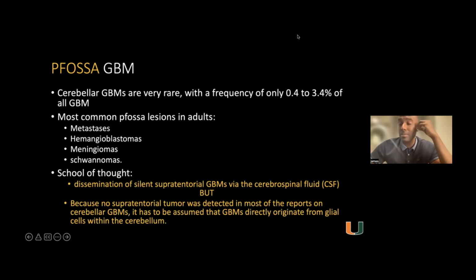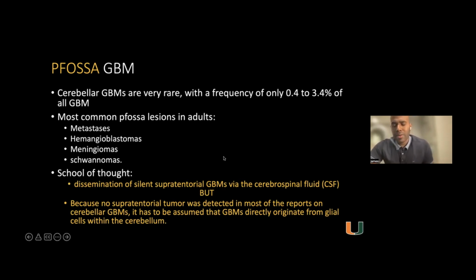And even in the literature, there are similar cases where they have no supratentorial lesion, but they come in with these kinds of lesions in the posterior fossa. In particular, some of the imaging characteristics are slightly different. Like that first case was a slam dunk ring enhancing lesion. You don't too often see that in posterior fossa GBM. So it makes the diagnosis a bit harder from a purely radiographic perspective.